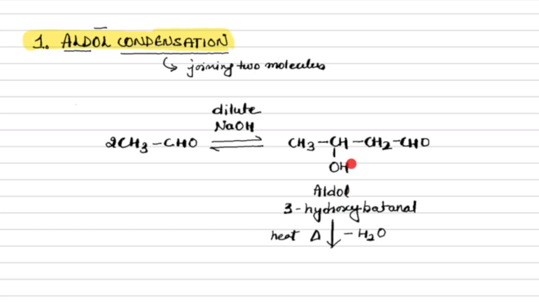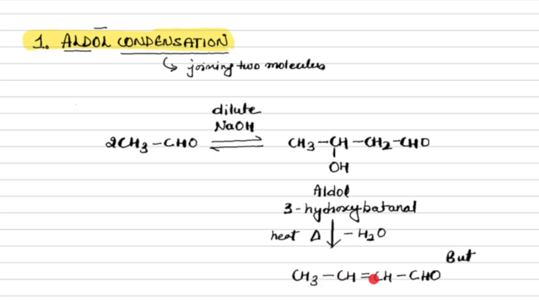We are removing water from aldol now. So what will happen? OH and one H from here will be evaporated, and these carbons will have a double bond now. It will be something like this: CH3, CH, OH is gone, taken one H from here also, it was CH2, one H is gone, and now CHO or aldehyde. So this structure will be called but-2-enal. Why 'but'?